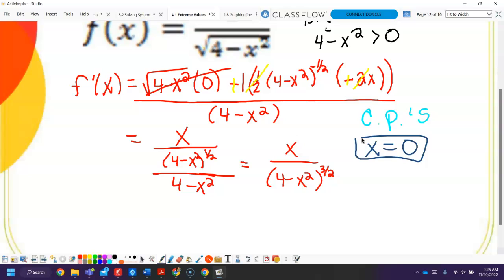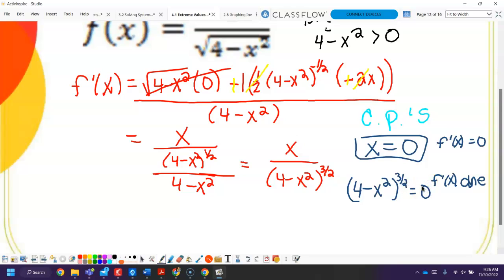The DNE critical points occur when the denominator equals 0. So this is the critical point when f prime of x equals 0. Now I need the critical points when f prime of x does not exist, and it does not exist when the denominator equals 0.